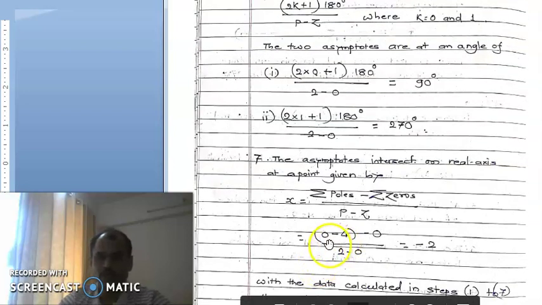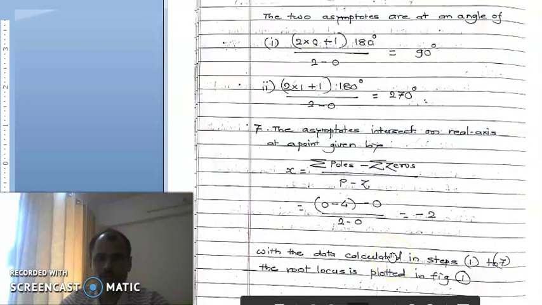In our case, the values of poles are 0 and -4, so 0 minus 4 minus no zeros, upon the number of poles 2 and number of zeros nil. Therefore, after solving, the asymptote intersection point on the real axis is x = -2. These 7 steps are sufficient because this is a simple case.